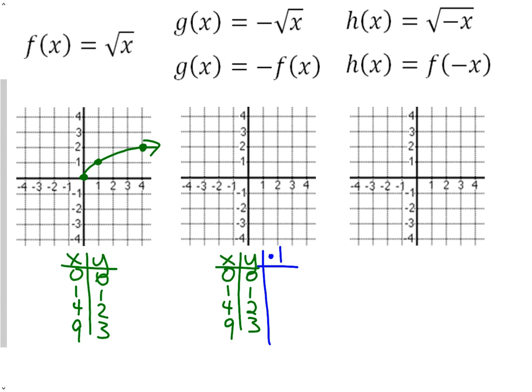So let's multiply all our y coordinates by -1. And what we end up with is 0 times -1, which is 0. 1 times -1, which is -1. 2 times -1, which is -2. And 3 times -1, which is -3. So now the points that I'm going to plot are 0, 0, 1, -1, 4, -2, and 9, -3.